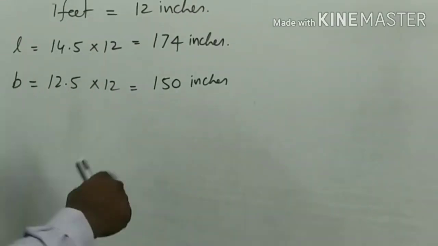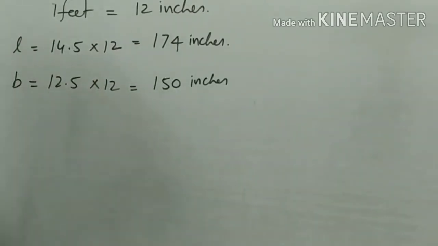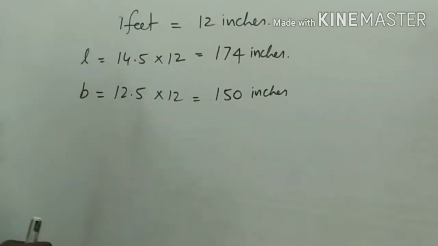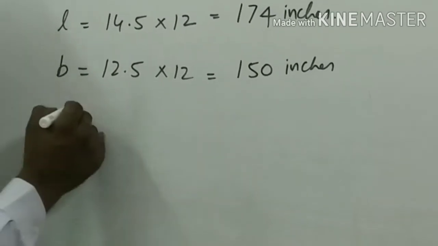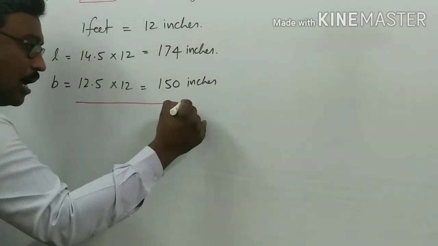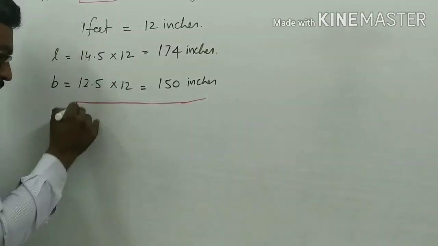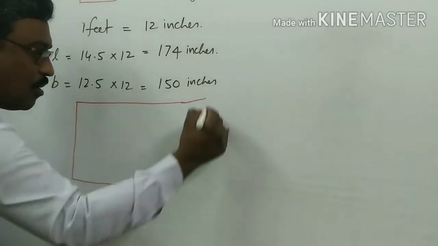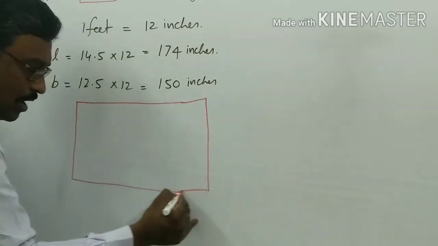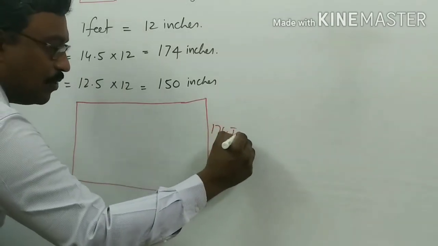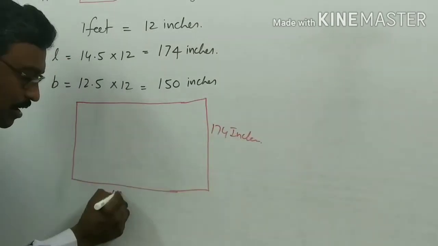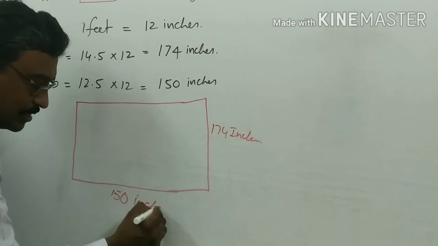Length is 14.5 into 12, that is 174 inches. Breadth is 150 inches. So the bathroom is 174 inches by 150 inches.